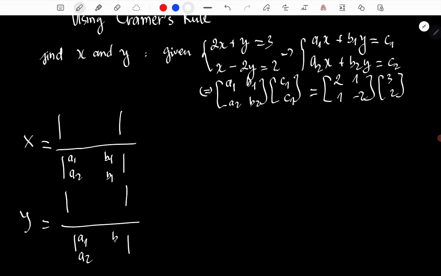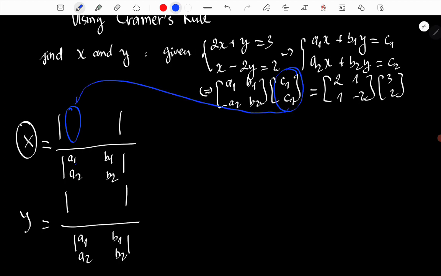But for x, because we are solving x, the coefficient of x right here, we're not gonna write a1 or a2, but we're gonna replace this with c1 and c2.